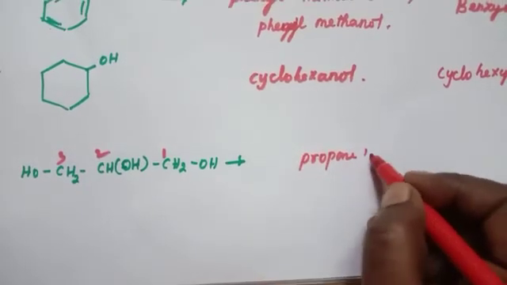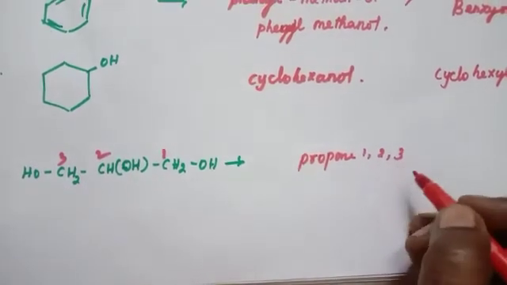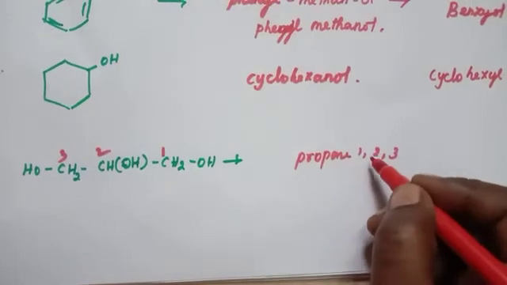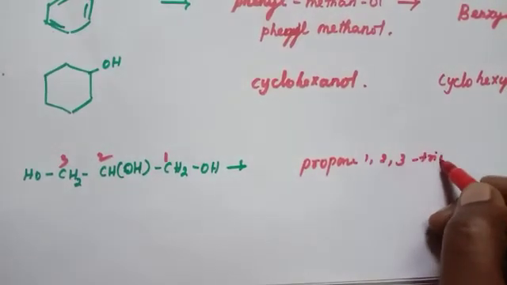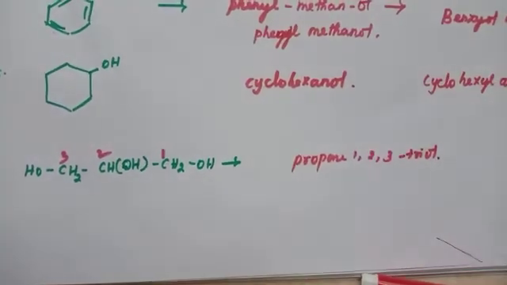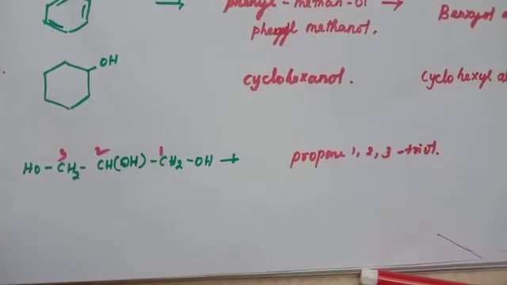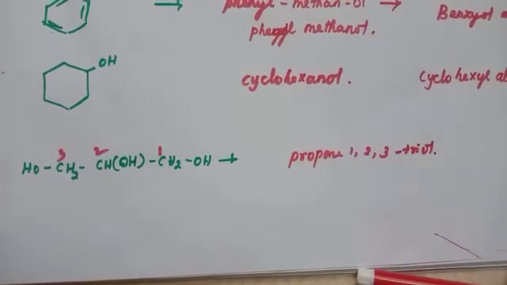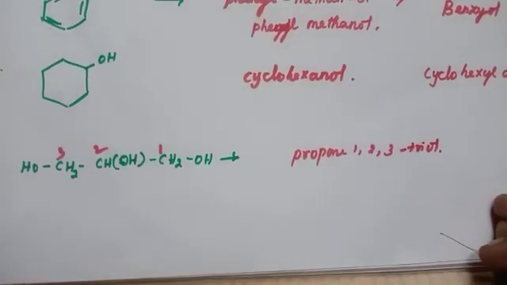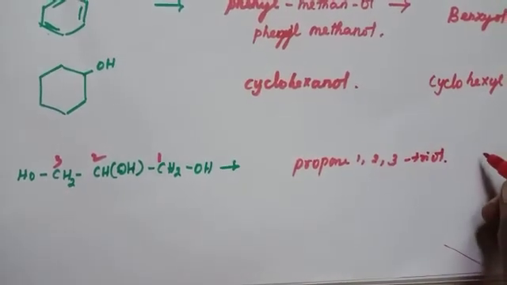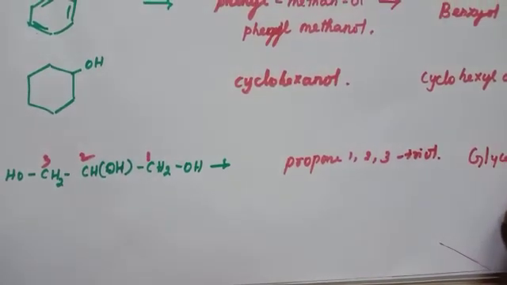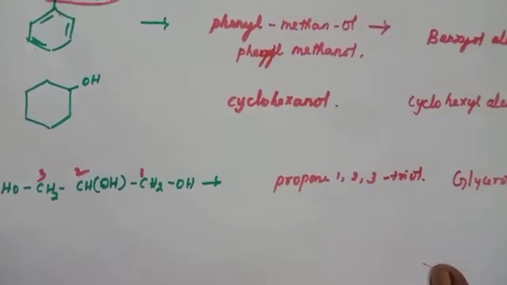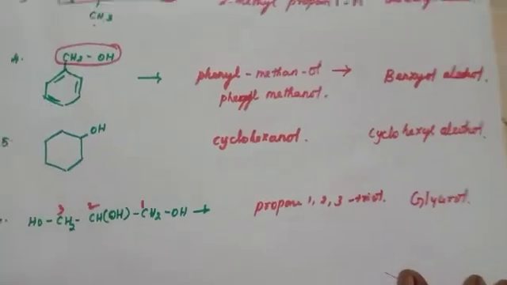So propane 1, 2, 3 triol. The IUPAC name of this compound is propane-1,2,3-triol, and the common name is glycerol.